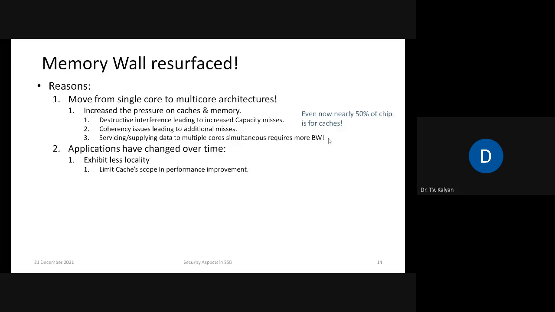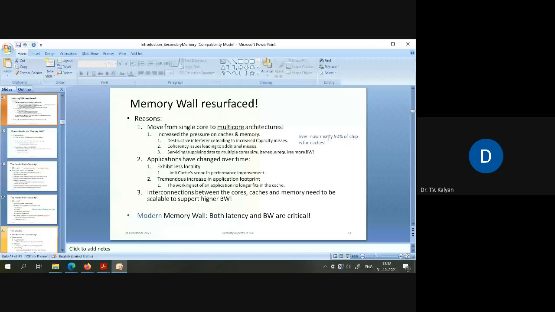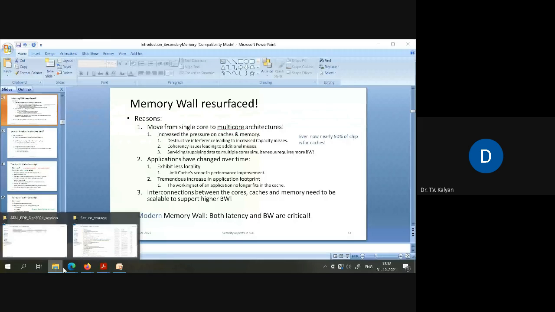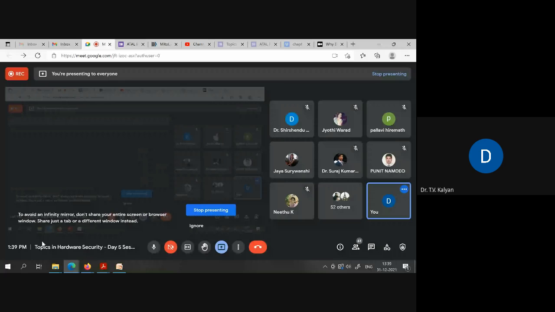Yeah, I'm trying to reconnect now. Am I up? Okay. Yes, you are audible now. But is my screen visible? Yes, screen visible.